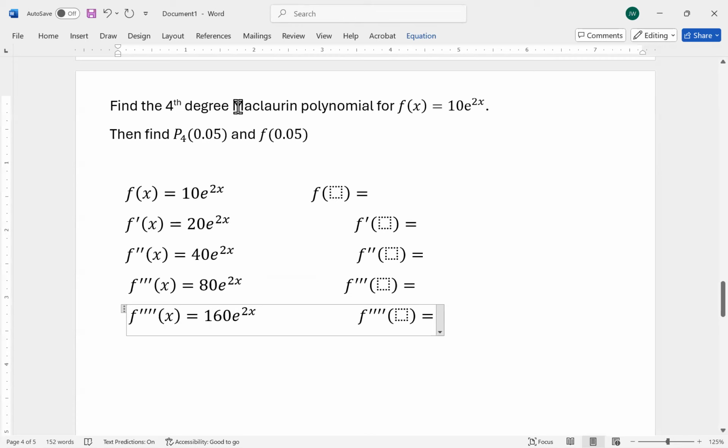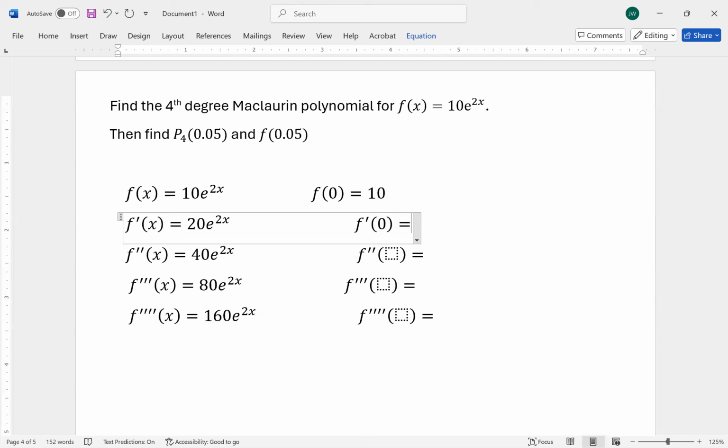Now, this is supposed to be a Maclaurin polynomial. If you remember, Maclaurin polynomials are those which are centered at 0. So I'm going to plug in 0. Well, that gives me e to the 0th power, which is a 1. When I plug in 0 into the original function, I get a 10.